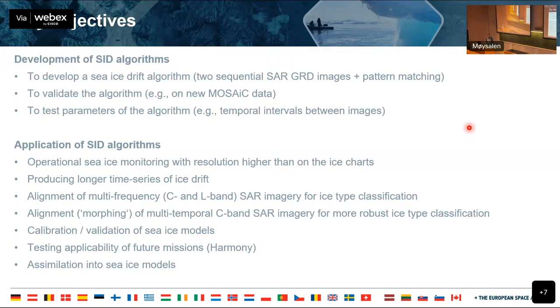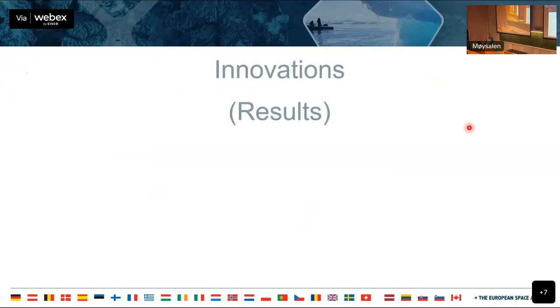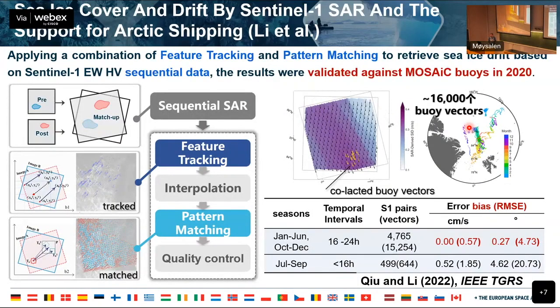And then calibration and validation of CI's models, testing applicability of future missions, and also assimilation into CI's models. And please interrupt if you have any questions, or authors, if you think I'm wrongly interpreting your results, please also stop me. So now I'll go through a few of the slides that we have received.